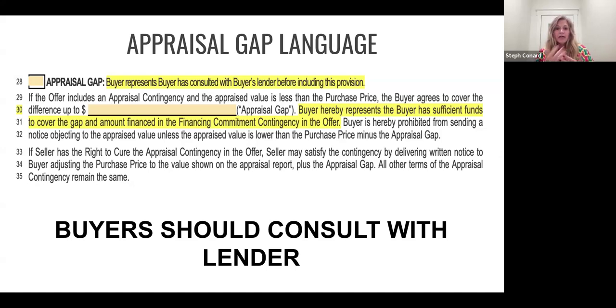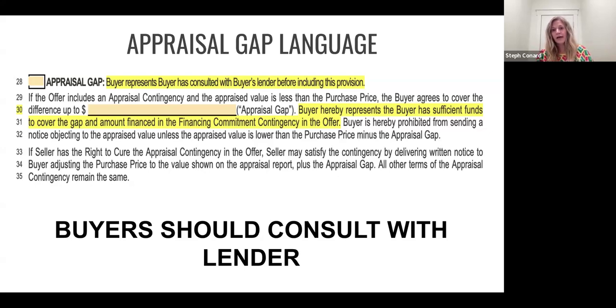A lot of people started adopting this appraisal gap, saying to the seller, I am going over asking, and if the appraised value comes in lower than a certain amount, I will still commit to going through at the accepted offer price, and we'll go to closing.